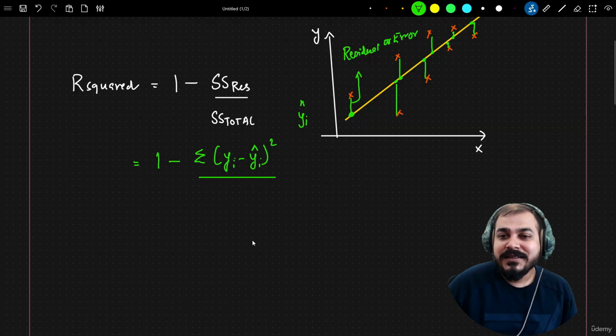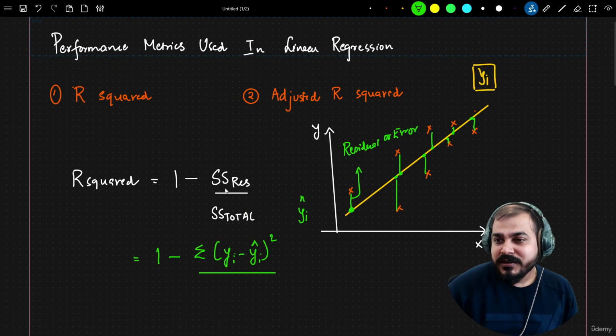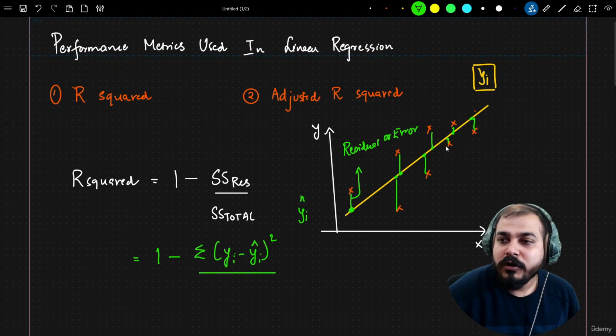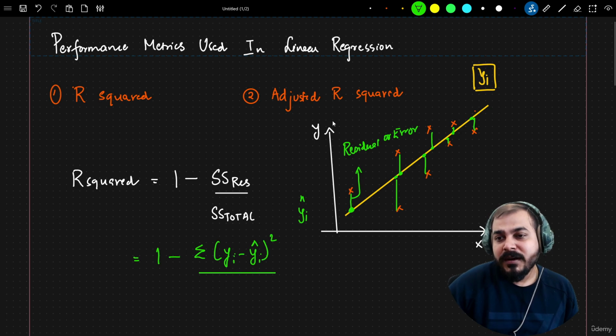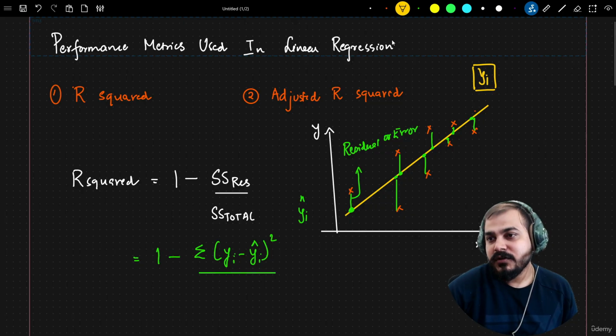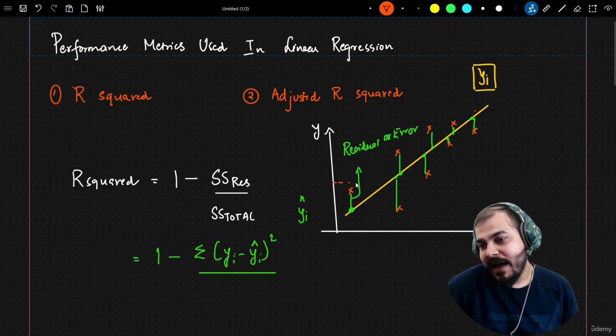Now what is this sum of square total? With respect to these points, I hope everybody found out this is my best fit line. But with respect to the y-axis and all these y points, if I calculate the average, the average of y of i will come at this specific point.